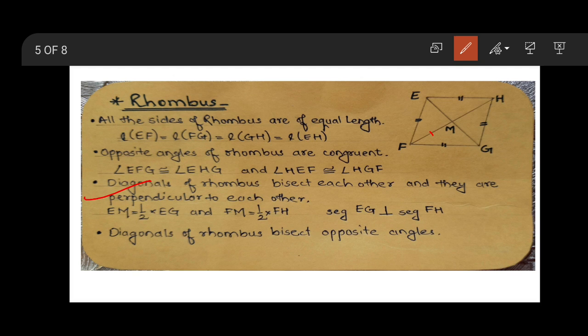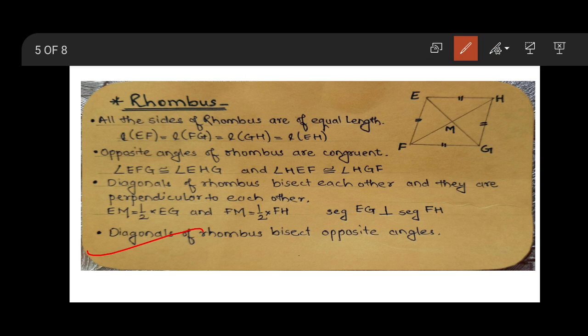Here FM will be equal to MH, EM is equal to MG, or you can say EM is half of EG, MG is half of EG, FM is half of FH, and MH is half of FH.